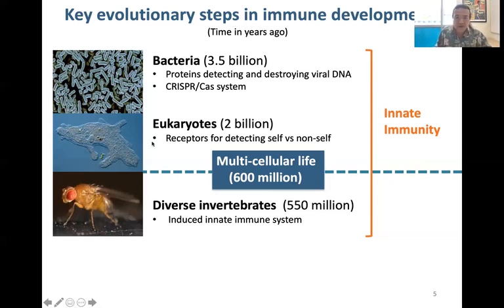Then about 2 billion years ago, you have eukaryotes that began to develop, right? And importantly, eukaryotes had to develop certain receptor proteins on their surface that could distinguish between self versus non-self.